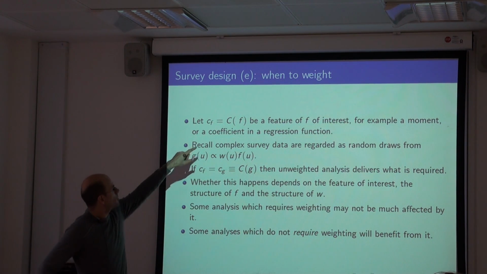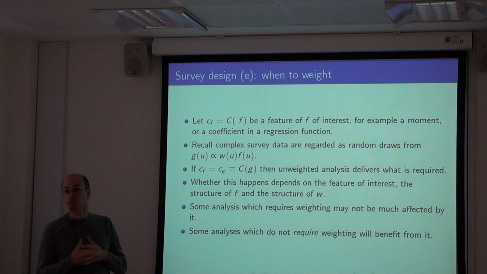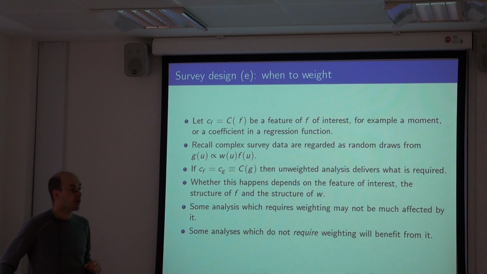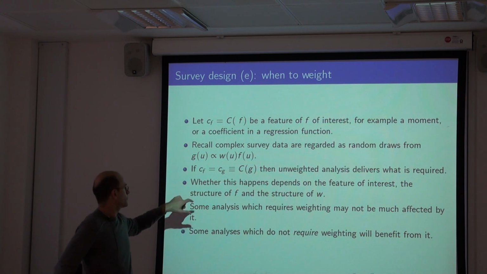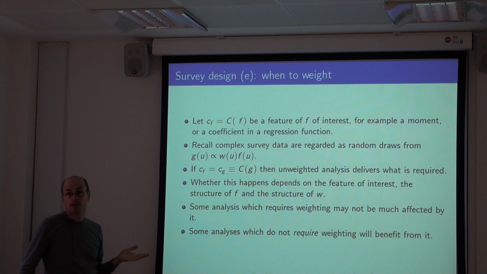Now, suppose we just have some function C of F. You could think of C as the mean of the random variable U, or some regression function, some parameters from a regression function, or any functional you want of this unknown density F. If it's true that that function C evaluated at F is the same as the function C evaluated at G, then you don't need to weight. It's more or less trivial, as trivial as that.